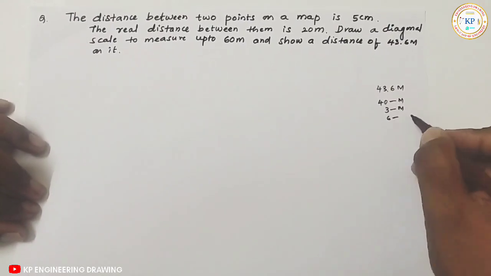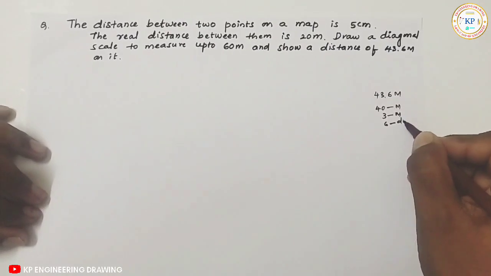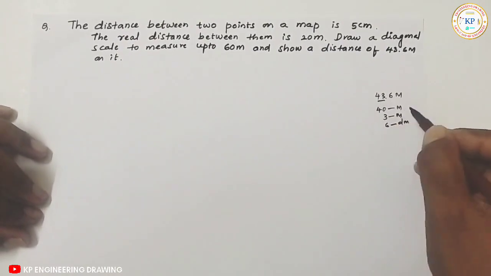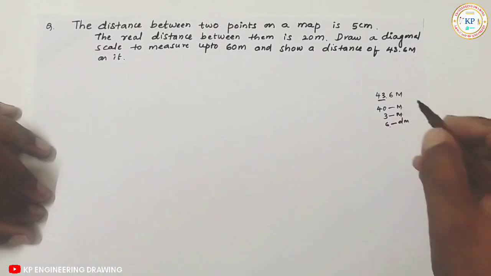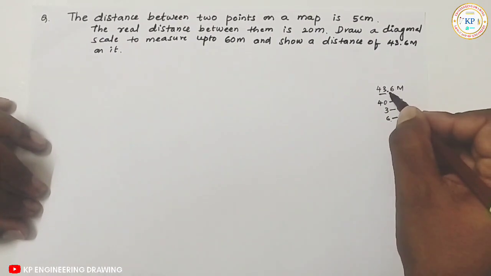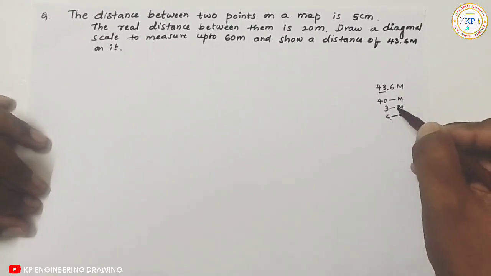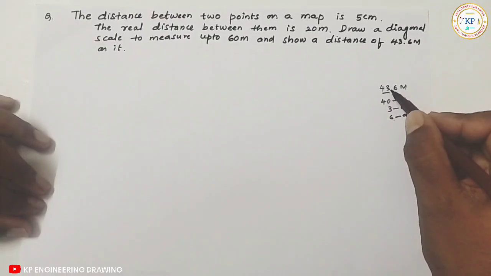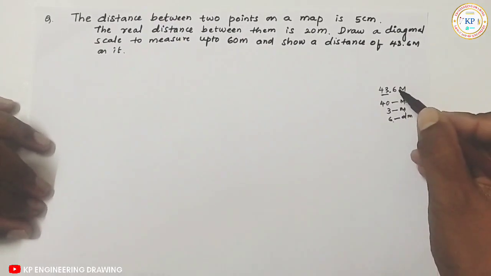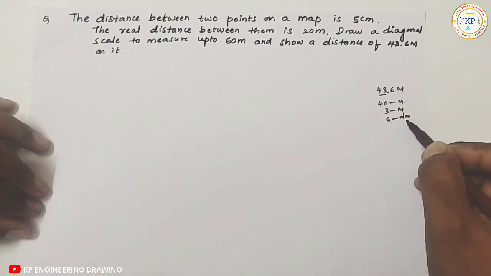And 6 is its further subscale, that is decimeter. So 43 meters and 6 decimeters, because we have a decimal point after 43. So 40 meters and 3 meters, after that we have a decimal point, then the next number, its further subscale, that is 6 decimeter.